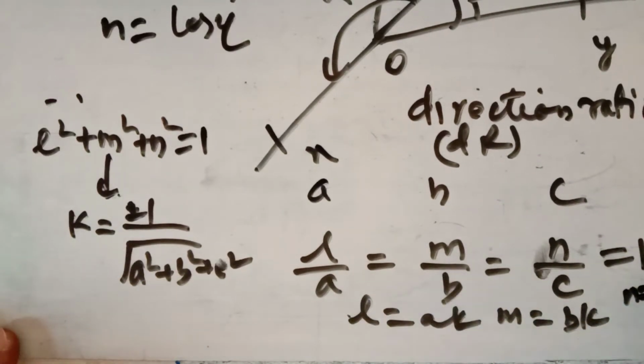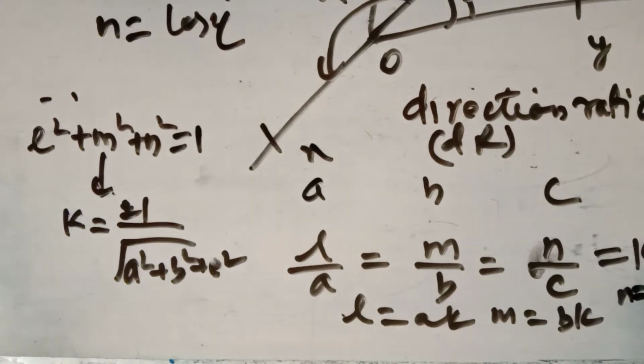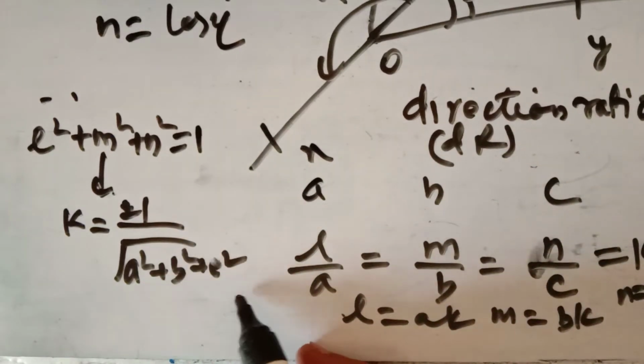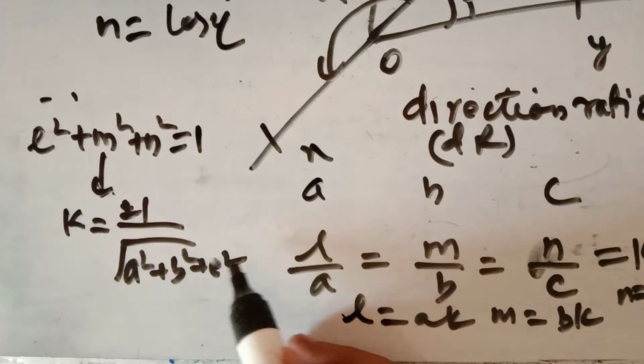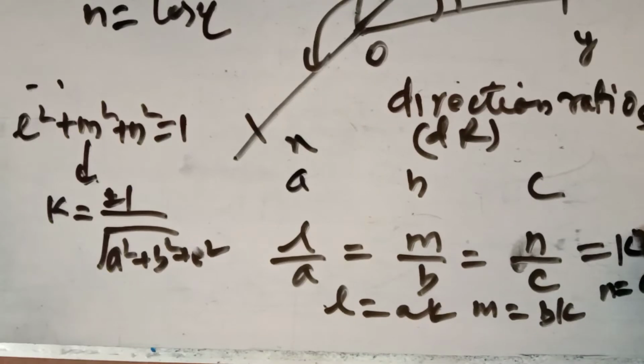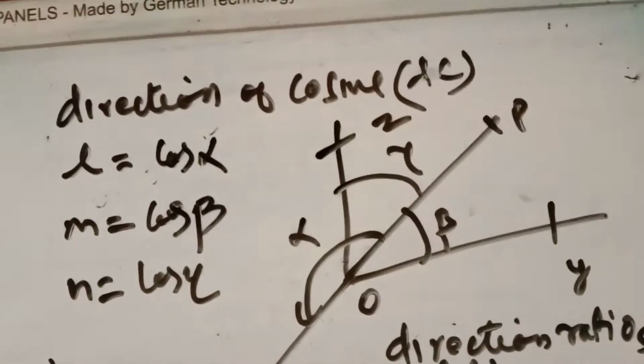So the value of k is 1 upon under root a square, b square, c square. So l will be equal to ak, and when you replace the value of k here, you will get the values of l, m, n when the direction ratios are given.